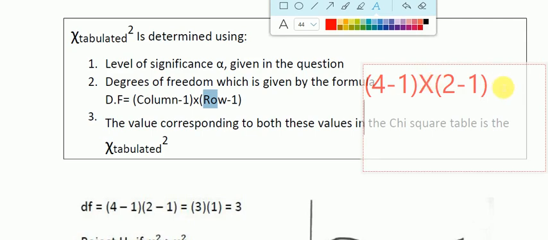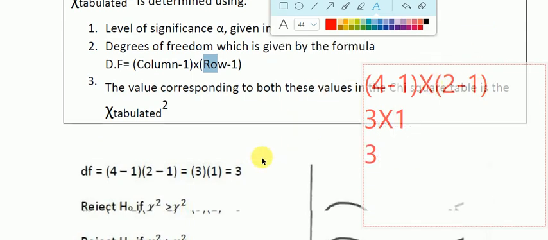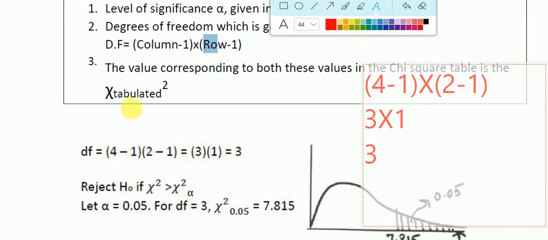So 3 into 1, which means 3. So degrees of freedom over here is 3, which we have shown over here.